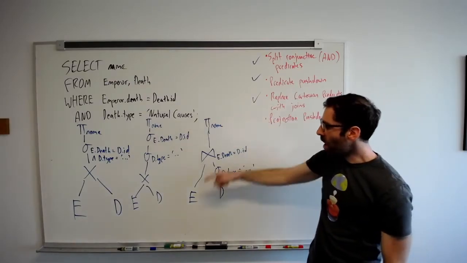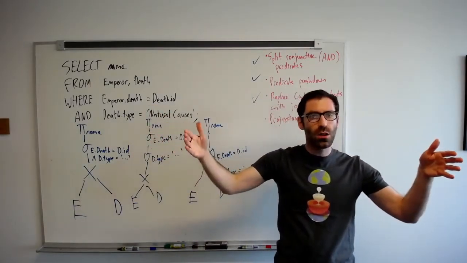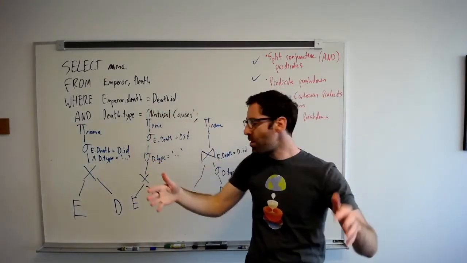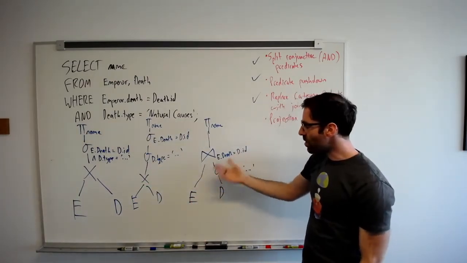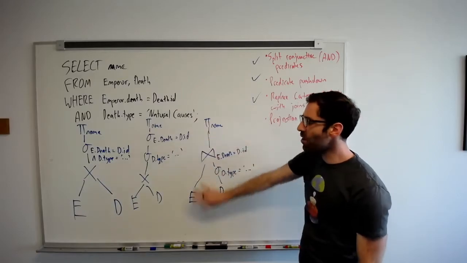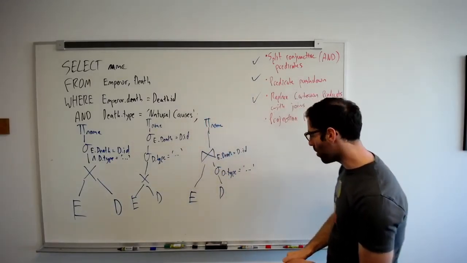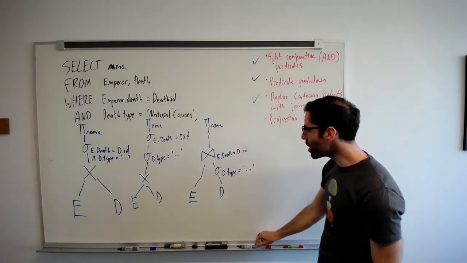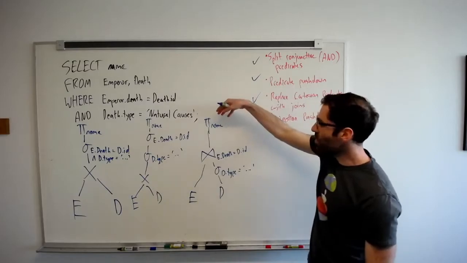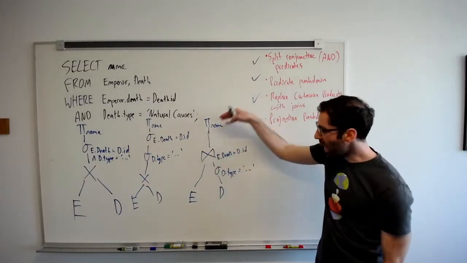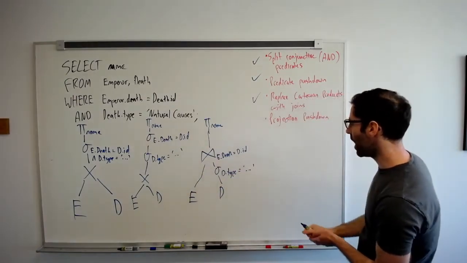So if this emperor table has a ton of columns, all sorts of different stuff about the emperors, we don't want to pay the memory overhead of materializing all of those attributes all the way up our plan. So this projection pushdown says, like we push down our predicates, we're going to try and do the projections as low in our query plan as possible.